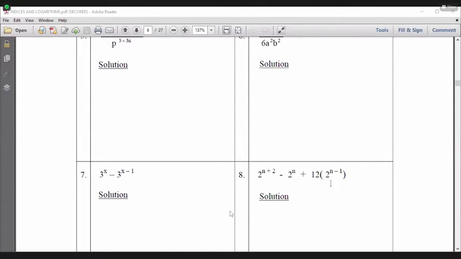Is that true? Yes. So the first part I have 3 times 2 raised to power n minus 12 over 2, which is 6, minus 6 into 2 raised to power n.